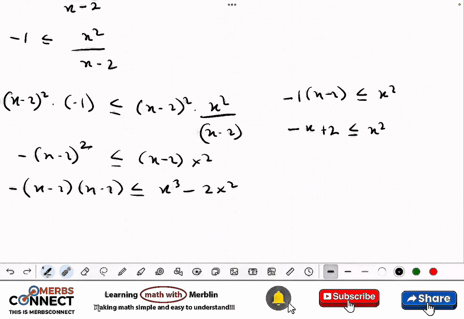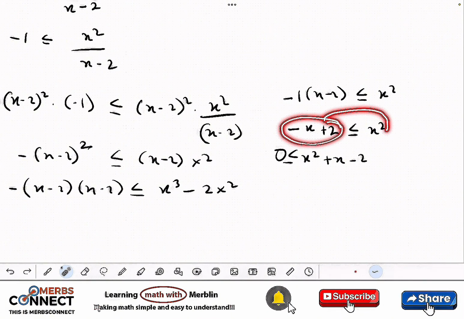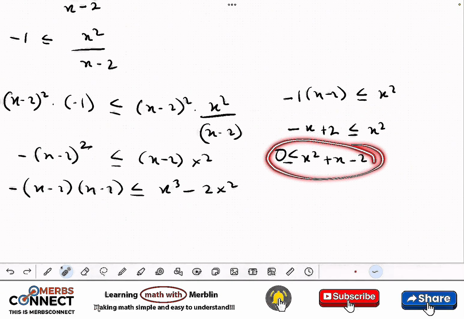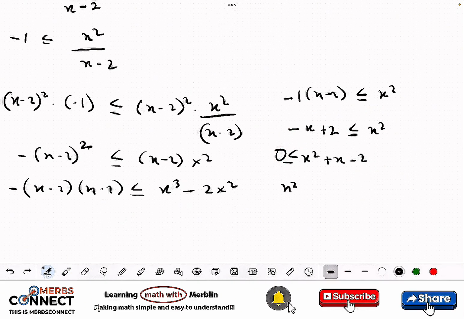And then when I move this to this side, I'm going to have x squared plus x minus 2, so it will be like this. Clean this. Good. So what I did is I move all this to this side. So what is here is going to be left with 0. And we can rewrite this one as x squared plus x minus 2 greater than or equal to 0.